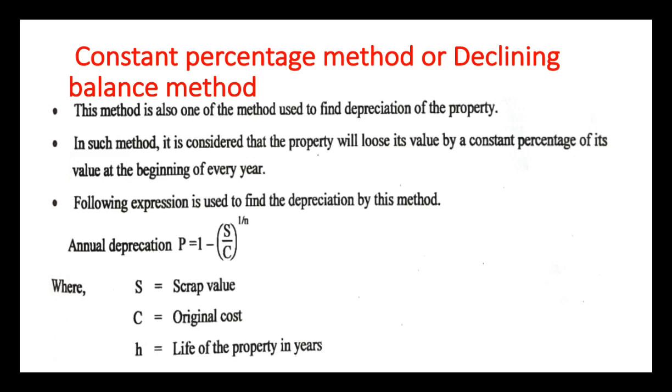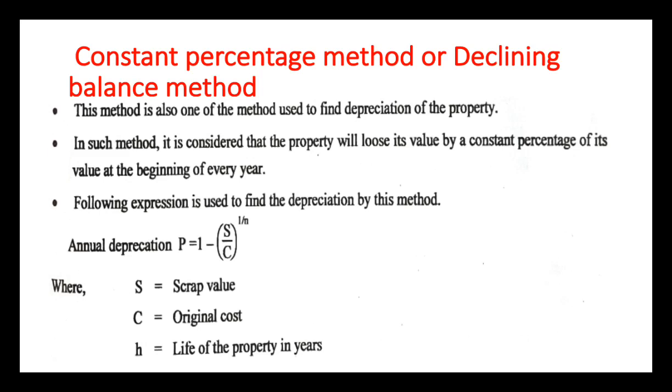This method is also known as the written down value method because the amount reduces every year. So it is quite different from the first method, the straight line method, where the quantum of depreciation is constant for all years, whereas here the quantum of depreciation goes on reducing with the reduction in the base value of the property.